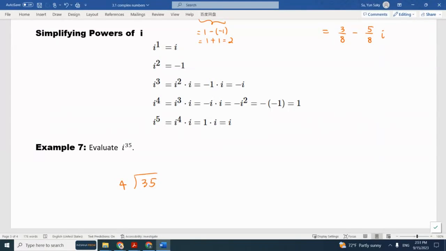What do you put in the quotient? 8. 8 times 4 is 32. And then 35 minus 32 is 3. So i to the 35 equals i cubed. i cubed is minus i. Okay, everybody? Just look at the remainder.